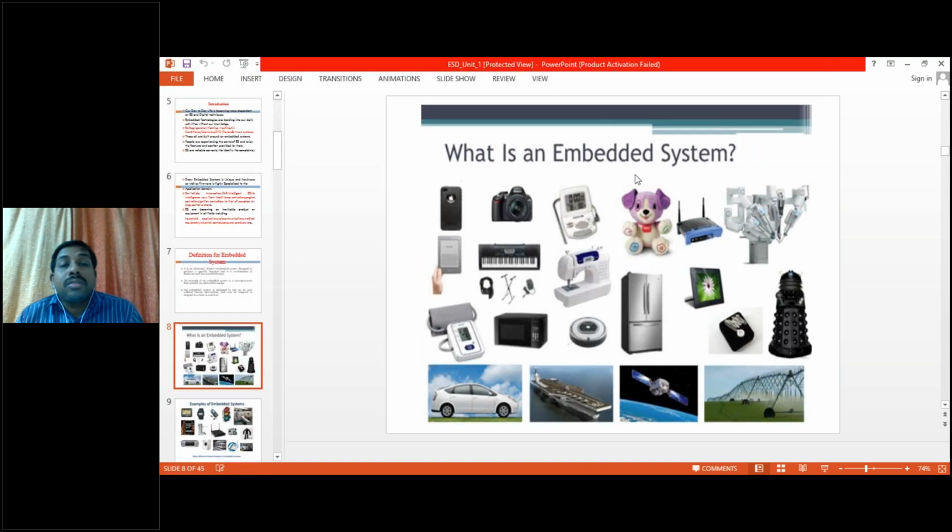We'll just see some examples. As we defined, an embedded system does a specific function and has hardware and software.